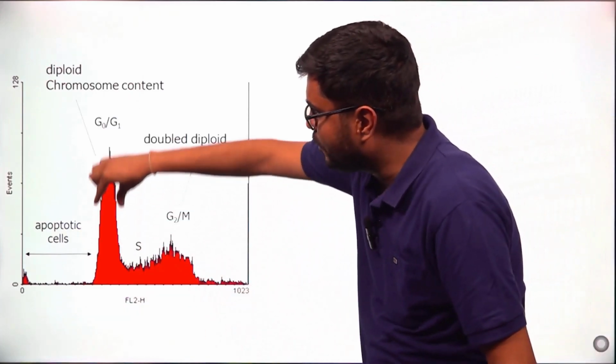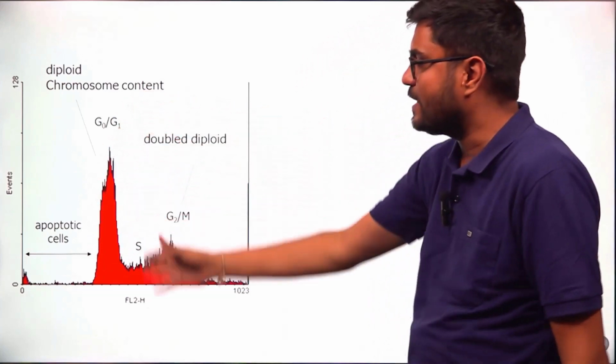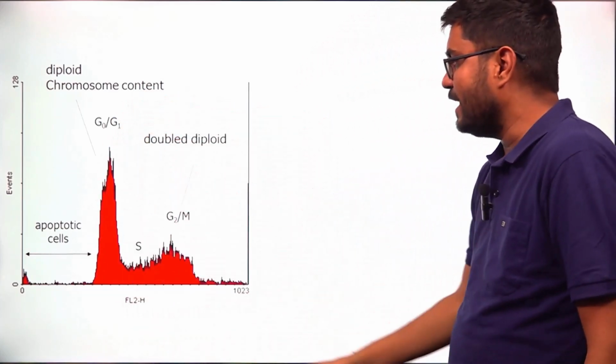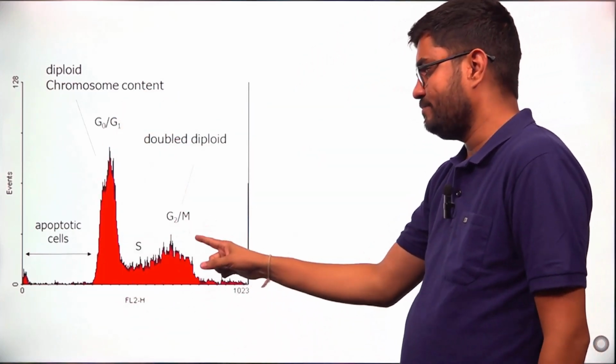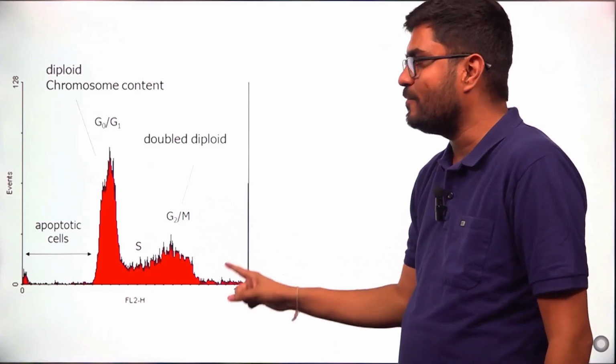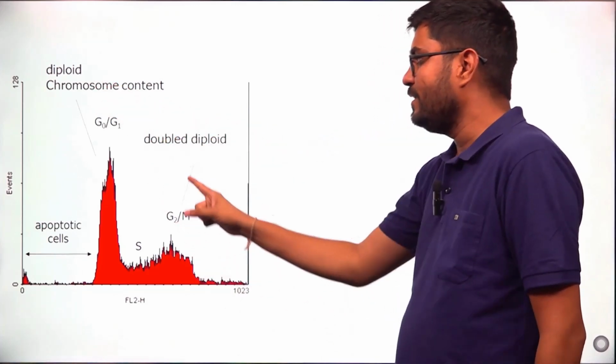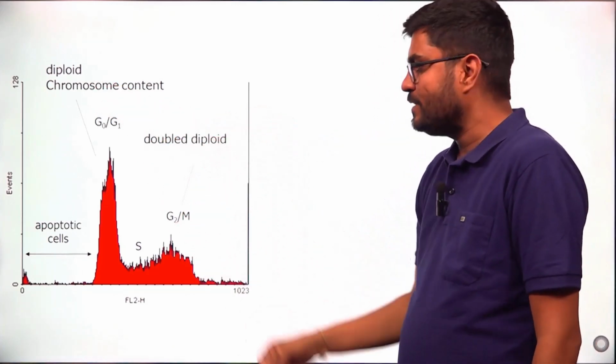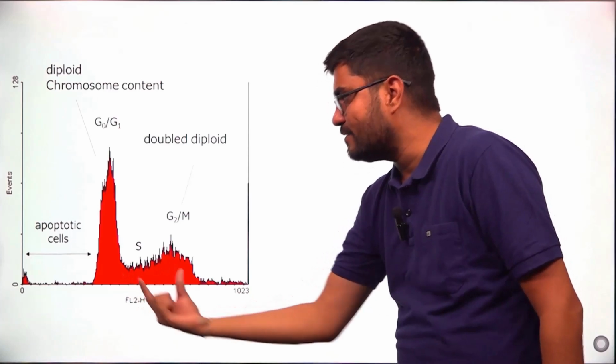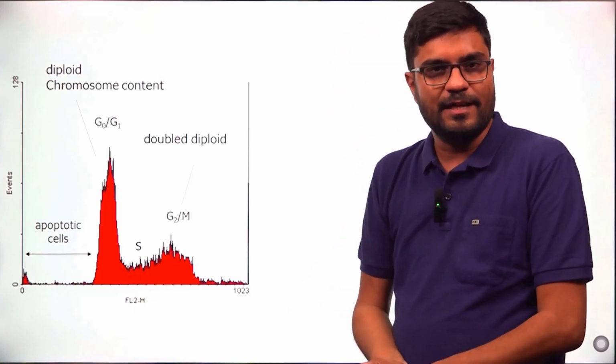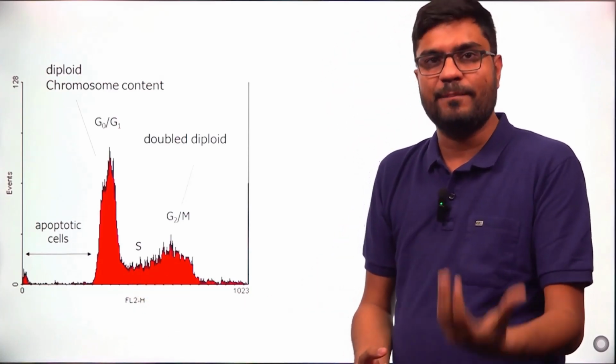We have the peak of G1 phase, X amount of DNA. Then we have the peak of G2 phase, 2X amount of DNA, that is diploid 2n, then double diploid, that is 4n. And in between we have the cells which are in S phase of the cell cycle, or doing replication.